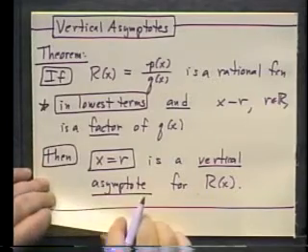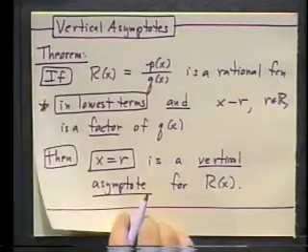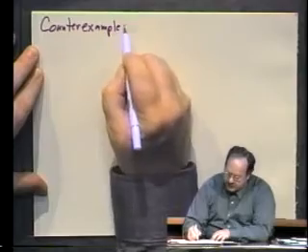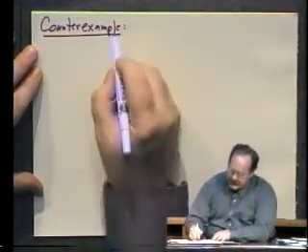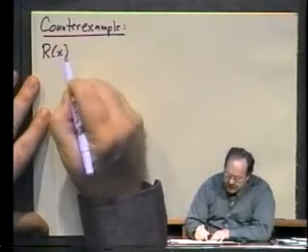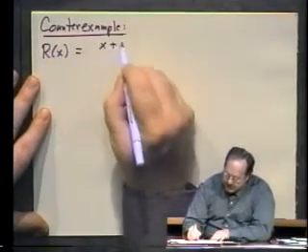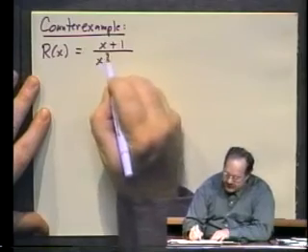Now let me show you an example where the lowest terms fails and you don't get a vertical asymptote, because I think you need to see this. So I'll give you, say, a counterexample to the guess that maybe that lowest terms business is not necessary. Counterexample. Here's the function r of x. It is x plus 1 over x squared minus 1.